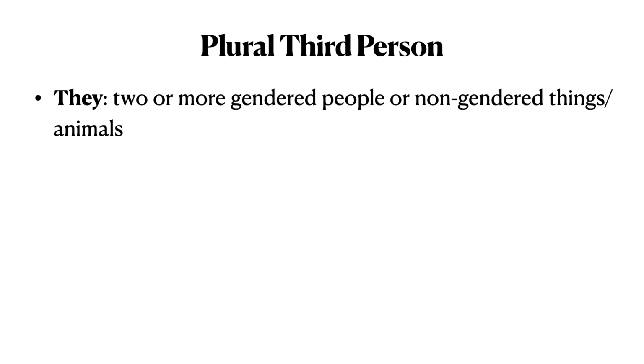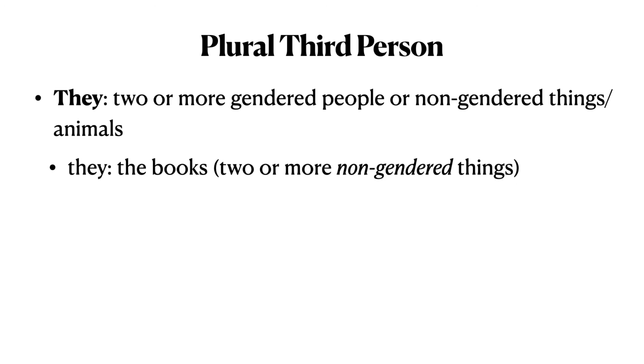They could be two or more gendered people or non-gendered things or animals. So they could be the books. So it's a plural noun, no gender. English doesn't give a gender to nouns. Some languages do. English does not. So a book is not masculine or feminine.